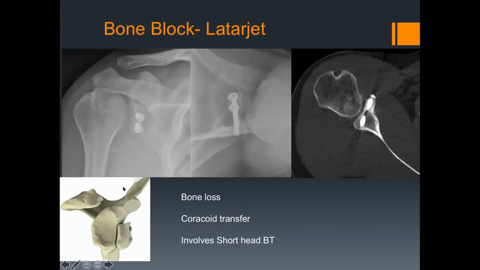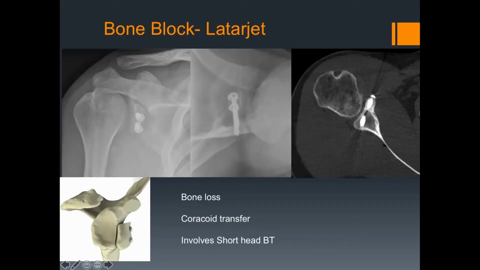They think the conjoint tendon that's attached gives us a soft tissue sling, is one of the theories. And this is an example here where you've got 2 screws in the anteroinferior quadrant, and on this axial image you can just about make out the coracoid bone block.